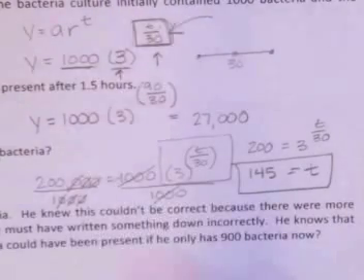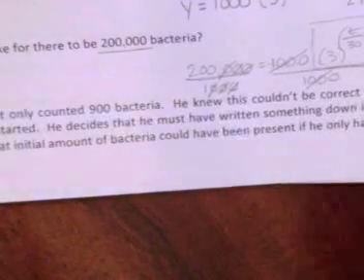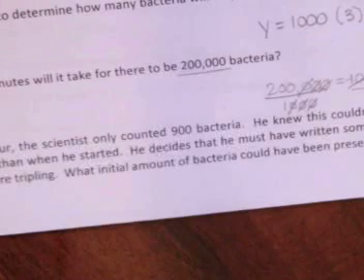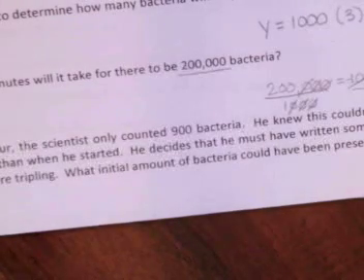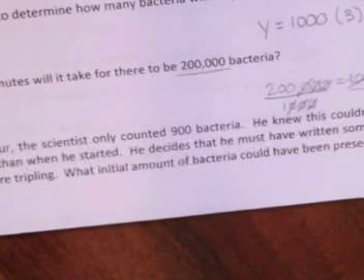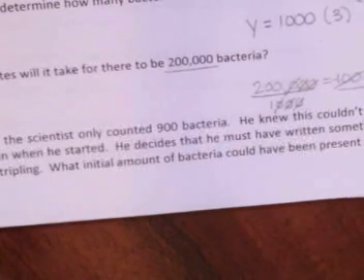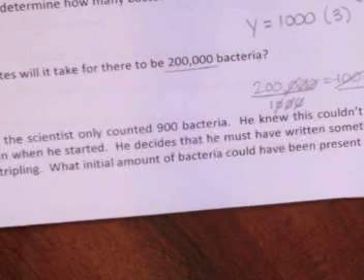So part D says, after an hour, the scientist only counted 900 bacteria. He knew this couldn't be correct because there were more bacteria now than when he started. Actually, this should say less bacteria now than when he started. And he decided he must have made a mistake somewhere, and written something down incorrectly, because he knows the bacteria are tripling.